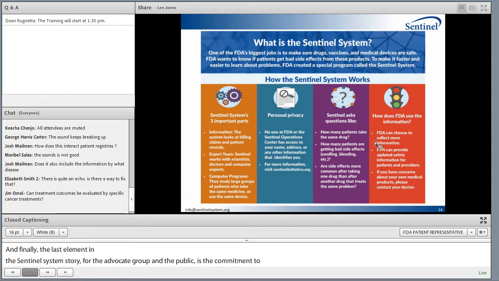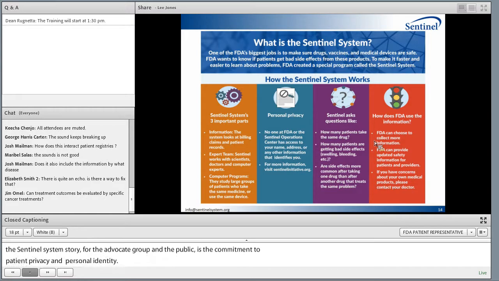Now, this is one of our proudest deliverables. Here is a very clear infographic of these respective narratives captured in 4 columns below the question, what is the Sentinel System?